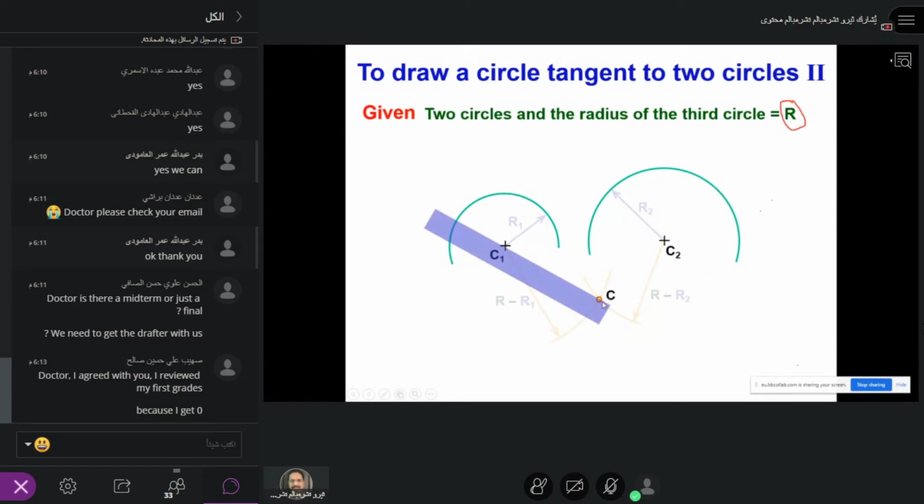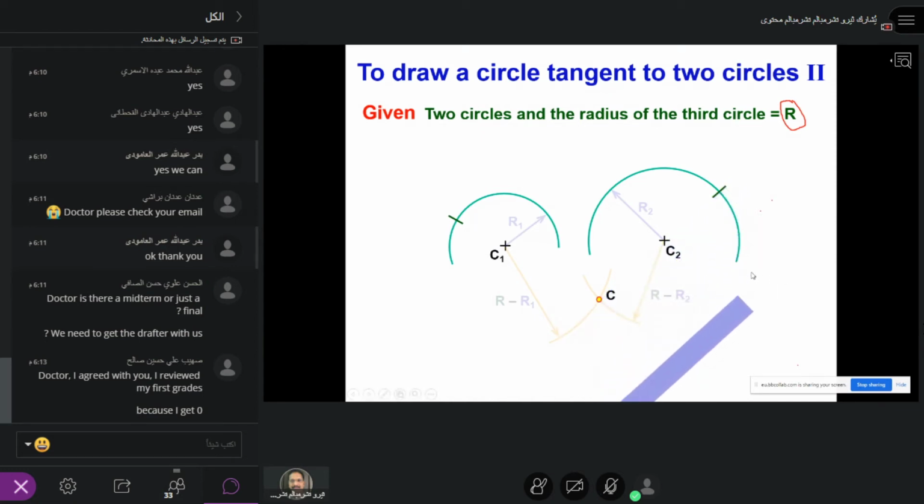The points of tangent and the center will be on the same line. That is the theory. So it should cut at the top here, and then similarly here.